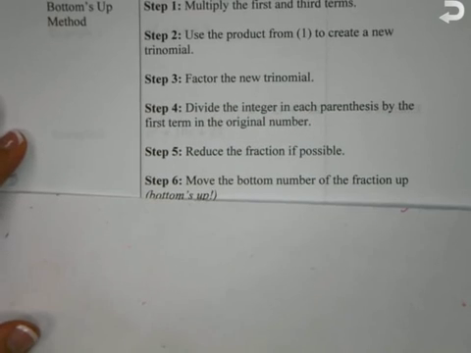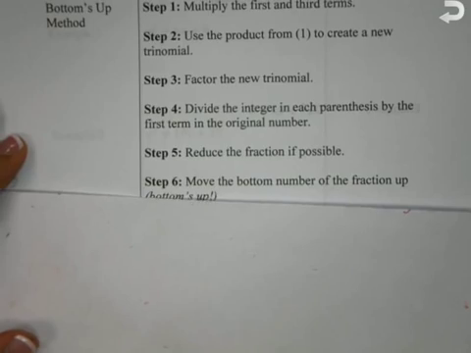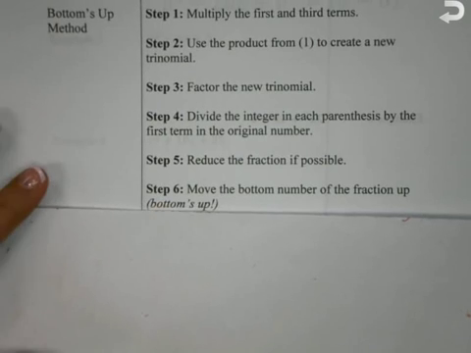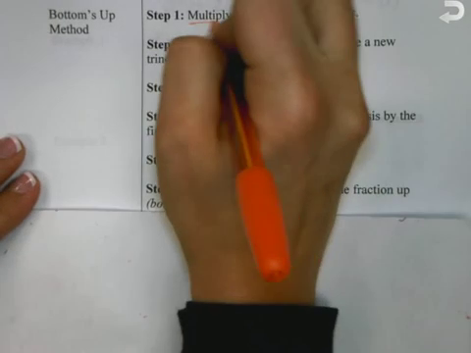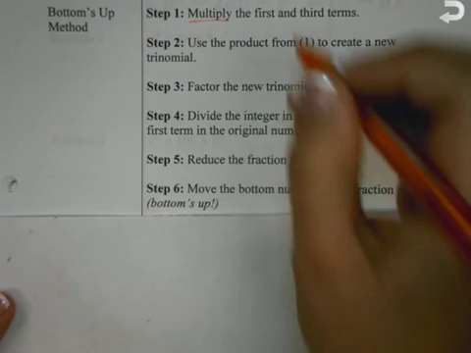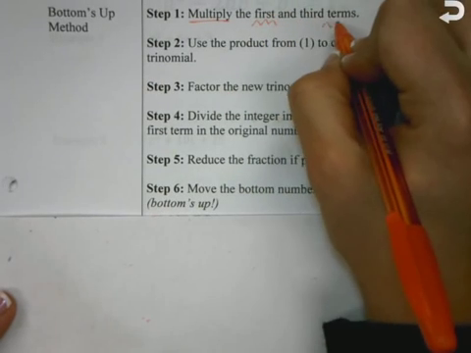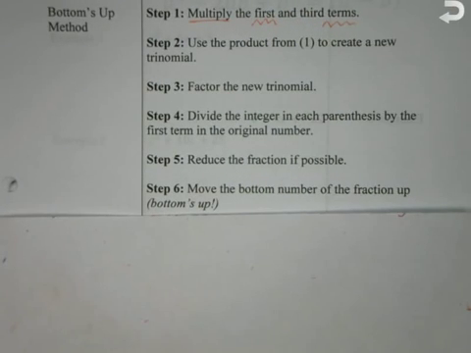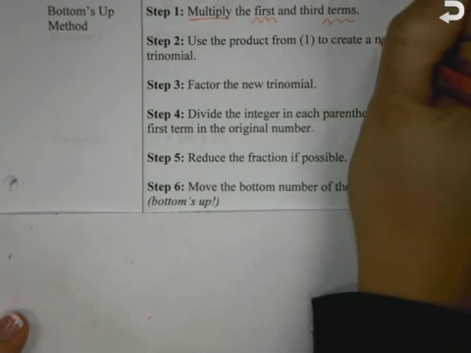Very first thing we are going to do in the bottoms up method, step one: we are going to multiply the first and the third term. So the numbers, we're going to multiply them. Then we're going to take that product to create a new trinomial.